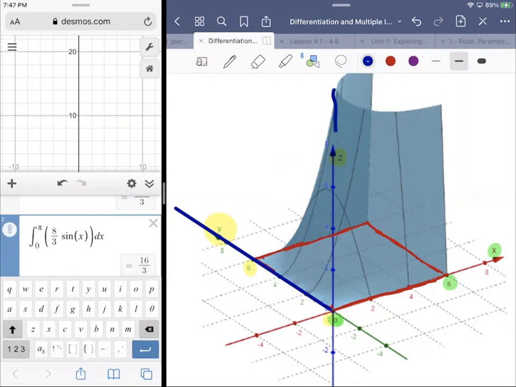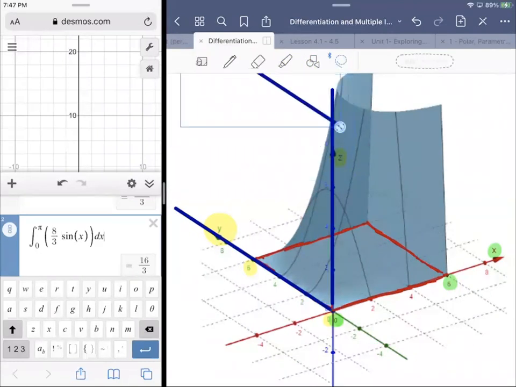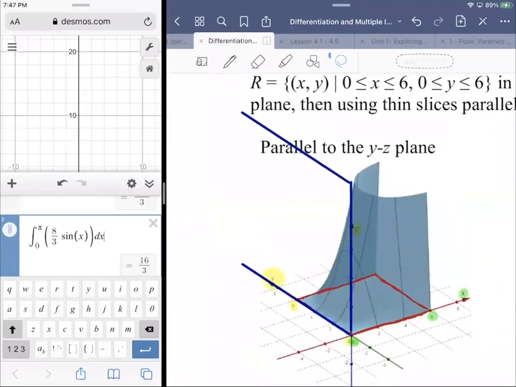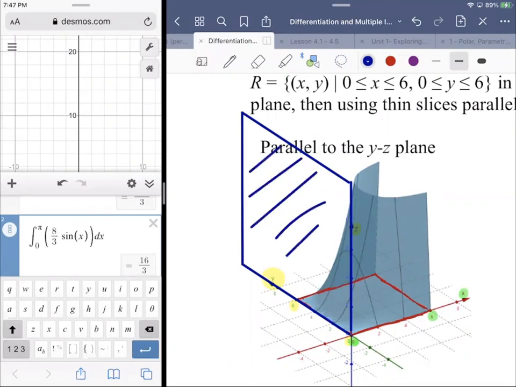And here's my z-axis. So this is the YZ plane, that whole shebang. You can shade it in if you want. It's something like this.